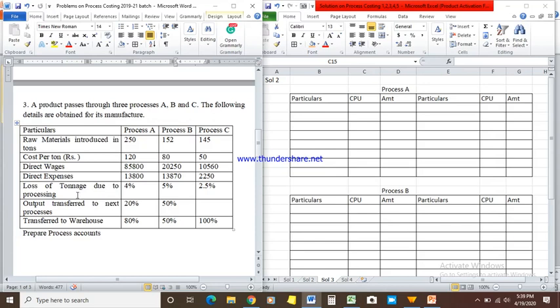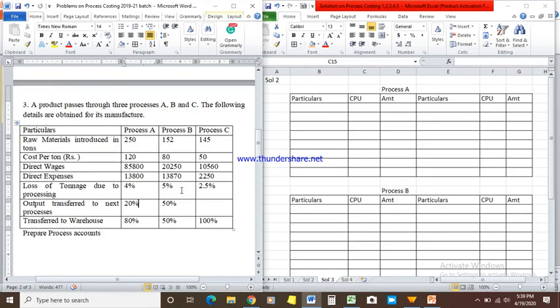Loss of tonnage due to processing: when the product is undergoing the production activity, there is a loss of tonnage of 4%. Out of 250 tons which is introduced, 4% of the tonnage is lost. Of the remaining quantity, 20% is transferred to the next process and 80% is transferred to the warehouse.